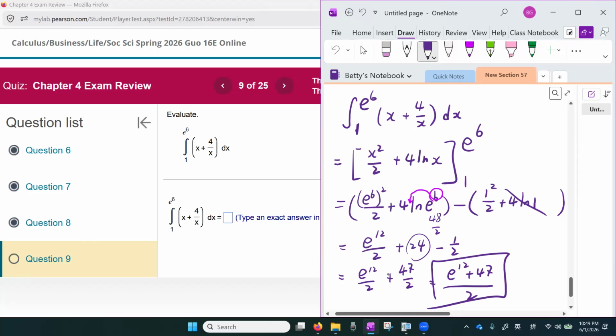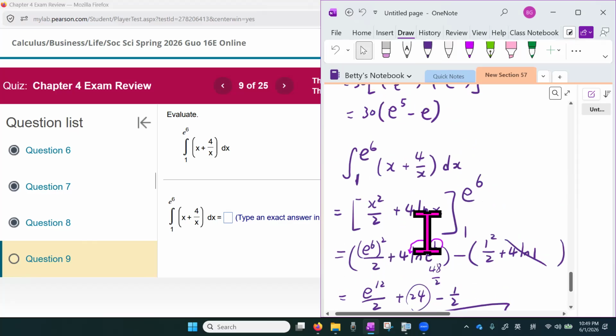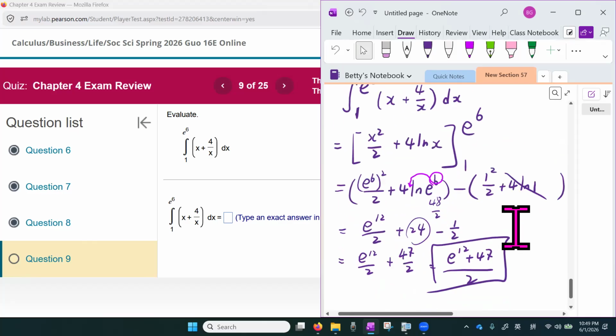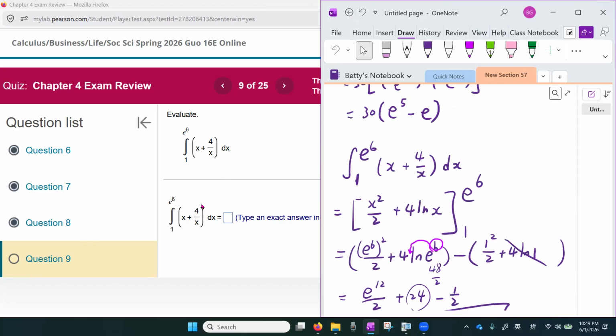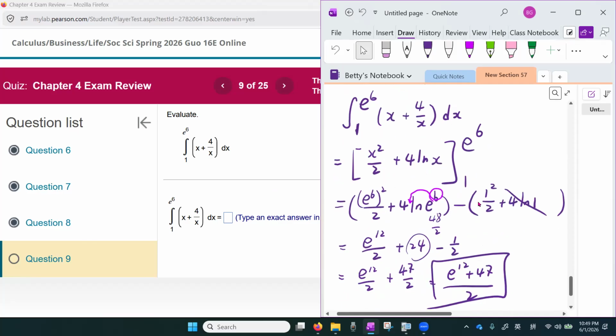I need to double check the result. From 1 to e to the power of 6, the antiderivative is x squared over 2 plus 4 ln x. When we plug in e to the power of 6, we have e to the power of 12 over 2.